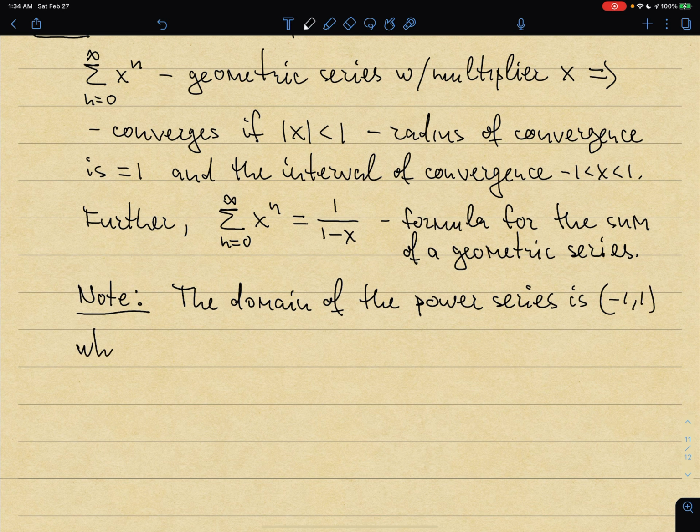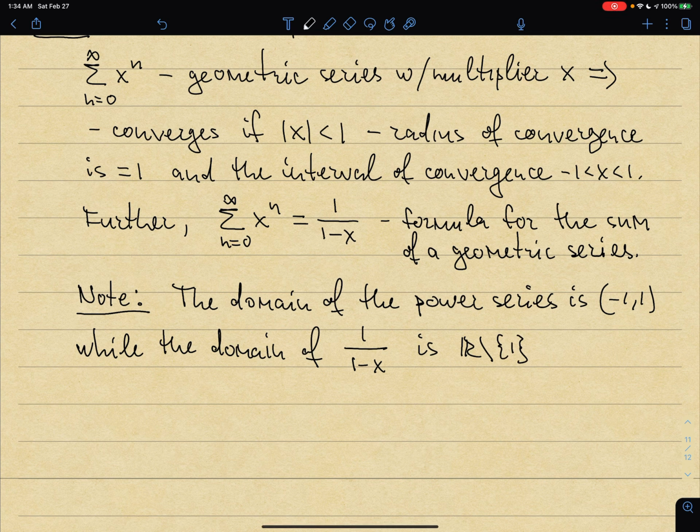While the domain of 1 over 1 minus x is all x except for x equal to 1, right? So I can write this as R minus the point 1. So the domain of the function 1 over 1 minus x is much larger than the domain of the power series.